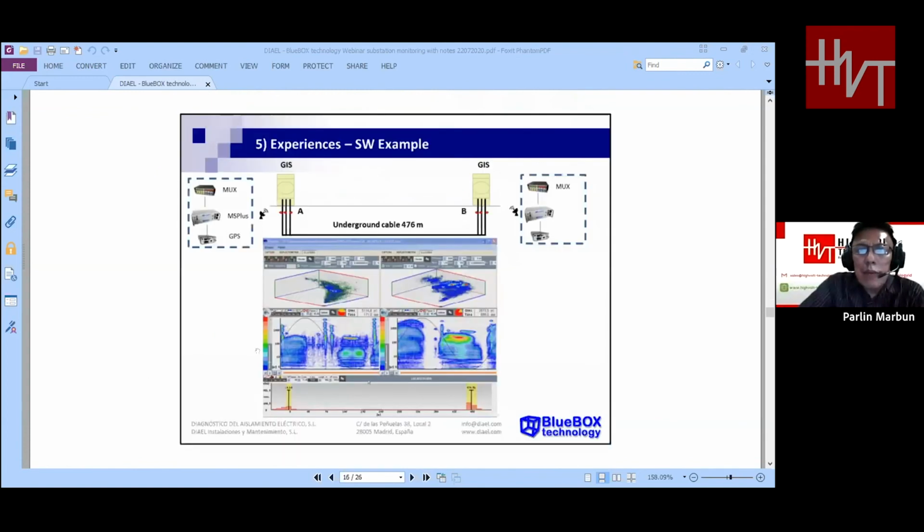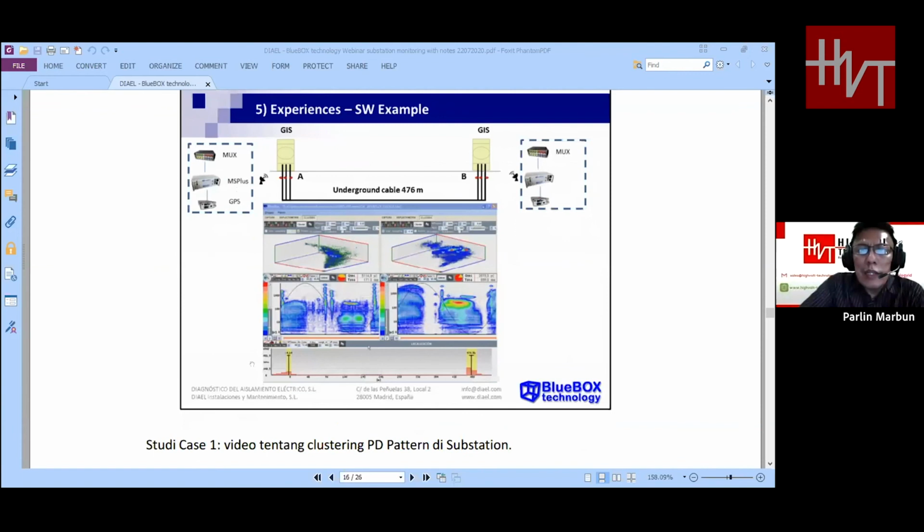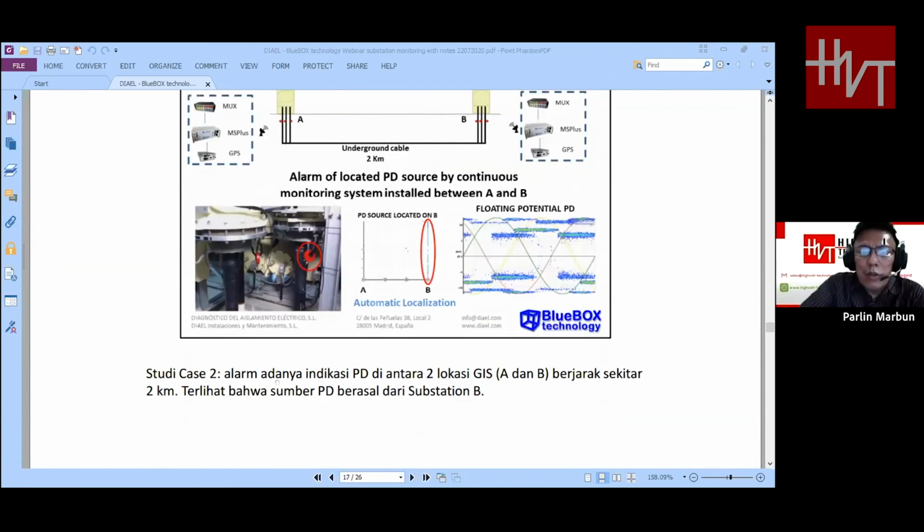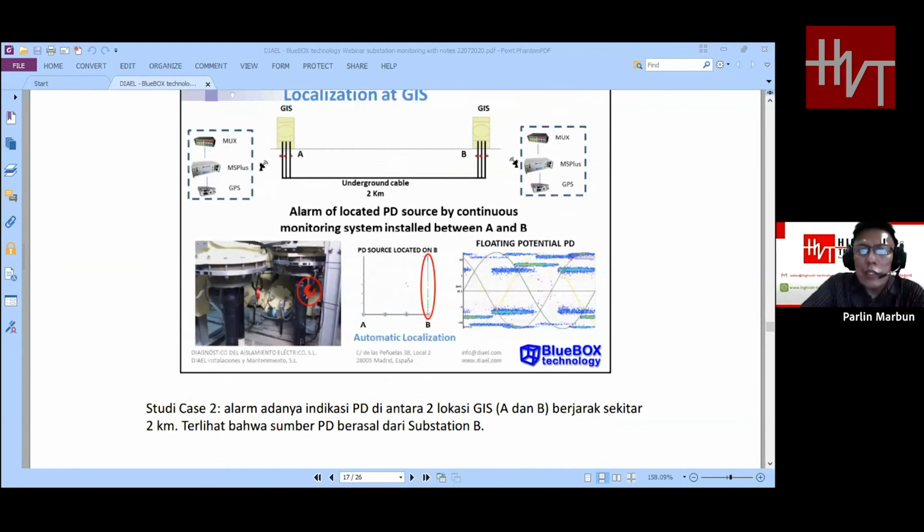Kemudian ini beberapa sampel, tadi diceritakan video tentang clustering PD pattern. Jadi PD di-cluster secara 3 dimensi untuk melokalisir dari mana sumber PD berasal. Kemudian ini study case yang pertama, alarm adanya indikasi PD di antara dua lokasi GIS, yaitu GIS A dan GIS B yang berjarak sekitar 2 km.